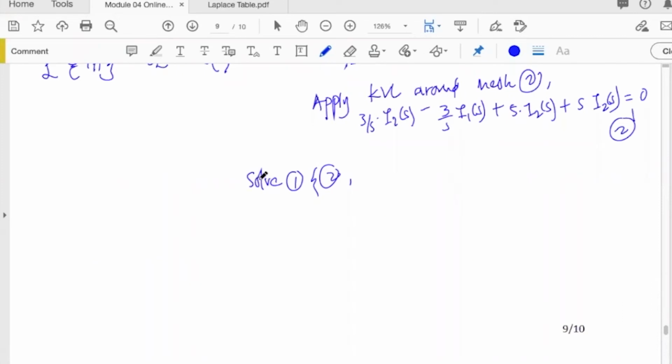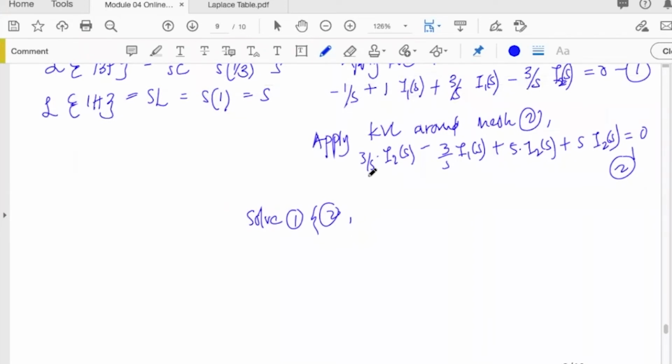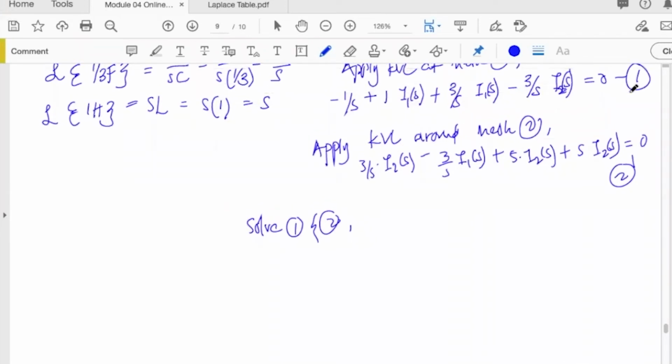Before you solve equations 1 and 2, you need to simplify them. If you look at equation 1, you have s as your denominator, so you need to get rid of that.